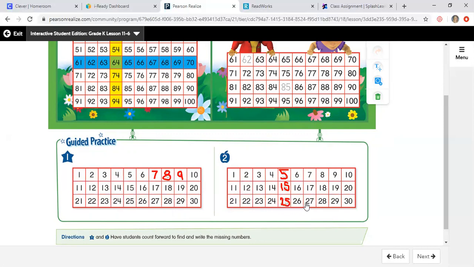And we could go all the way to 30, but we can stop there because we filled in all the missing numbers. Very good, guys. So we just counted by ones to figure those out. Remember, you can always figure them out different ways too, like using patterns.